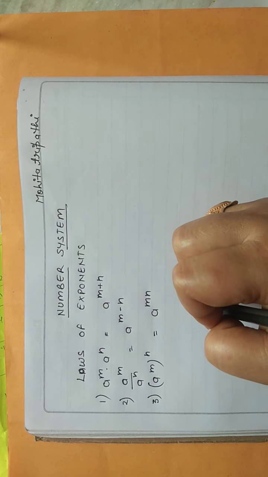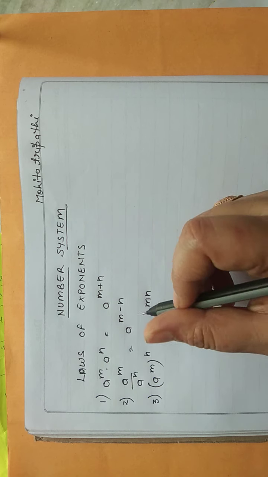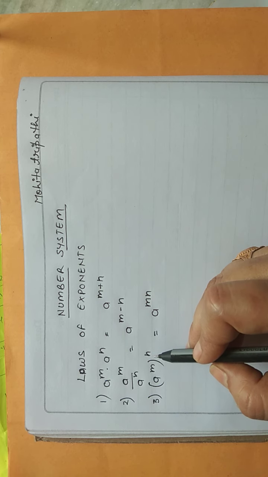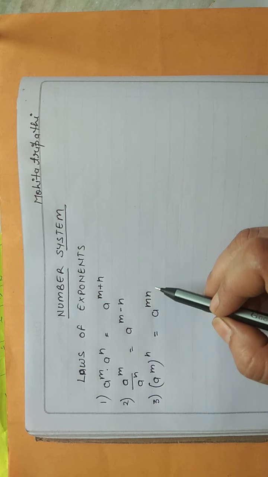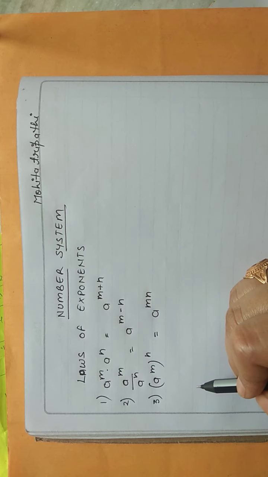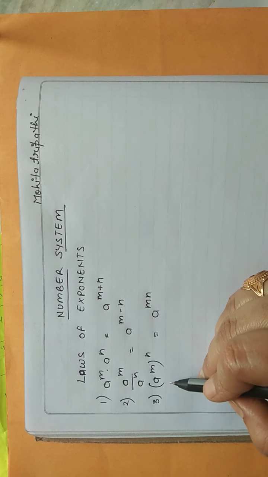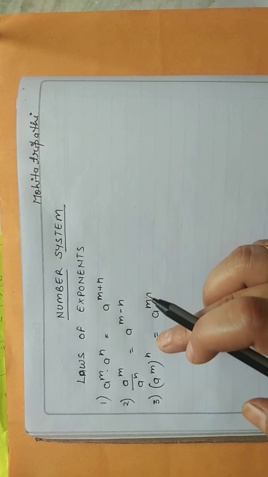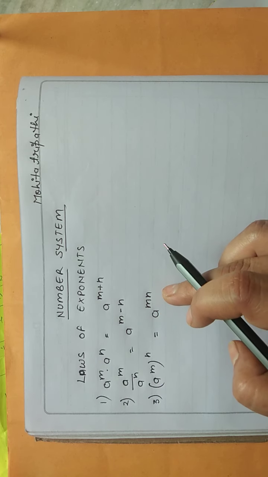What it means is that when a number with some power is raised to another power, the powers are multiplied. Means when we have power of power, for a number a we have m raised to the power n, in that case m and n both get multiplied.